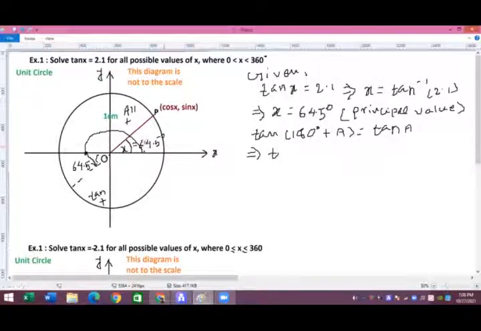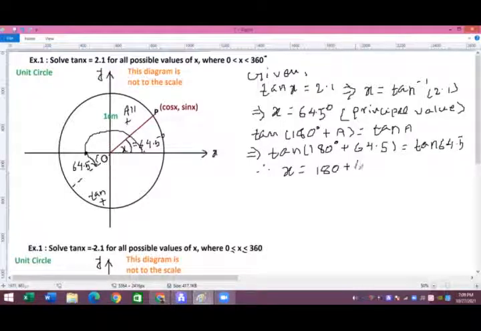So in the first quadrant in general, it is tan 180 degrees plus 64.5, which must be equal to tan 64.5. So therefore another possible value of x in this case will be 180 degrees plus 64.5. Now go to the calculator again.